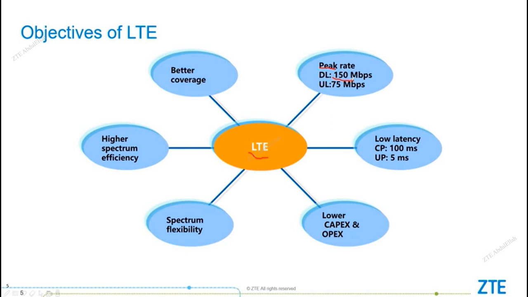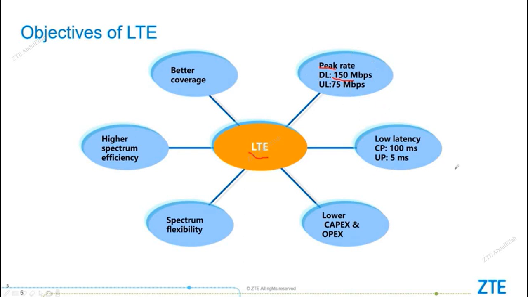So we want to lower the PAPR, but OFDMA has a higher PAPR, so this is not good for the terminals. So in uplink, we are using single carrier FDMA, and single carrier FDMA can lower the PAPR. PAPR means the peak-to-average power ratio. Okay, so this first is the peak rate.